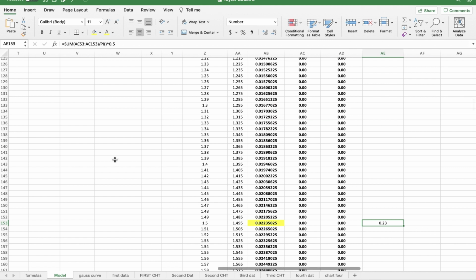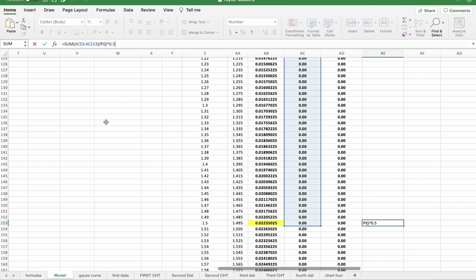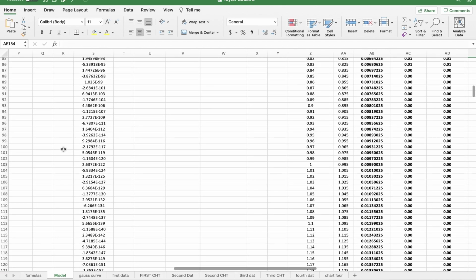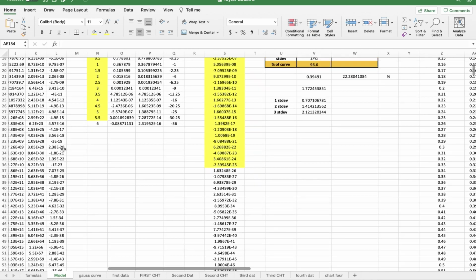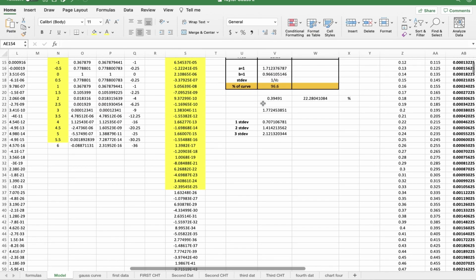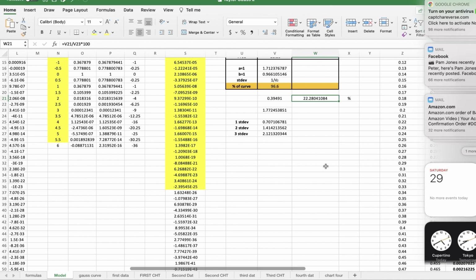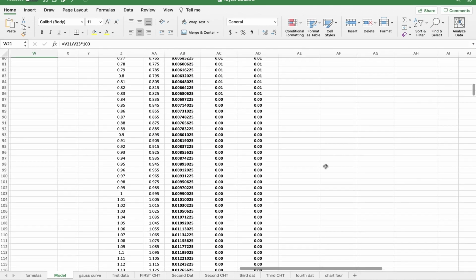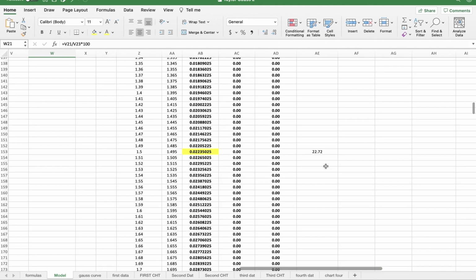And, well, let's see, I should multiply it by 100 to get the percent, times 100. And I got 22.72%. And remember up here with my model, we got 22.28%. So there's a slight difference, but not much. And it's probably because I used a broader base on the rectangles. It's not as precise.